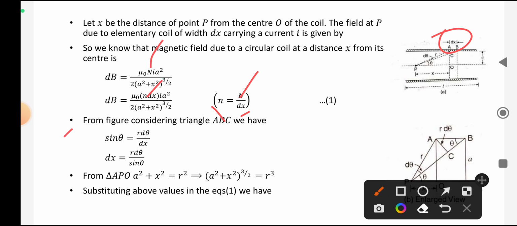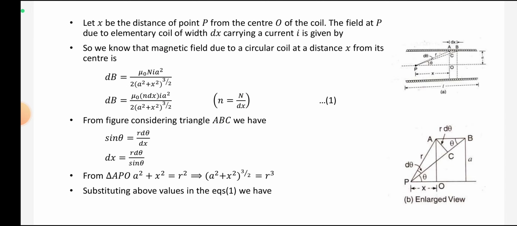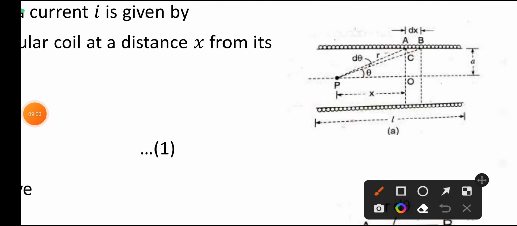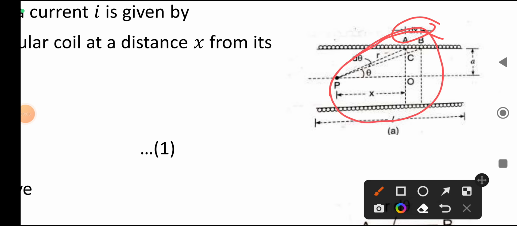So in the place of capital N, n dx is written. From the figure, considering the triangle ABC: whatever diagram is taken here, the dx piece is taken, and this is drawn outside in enlarged form.